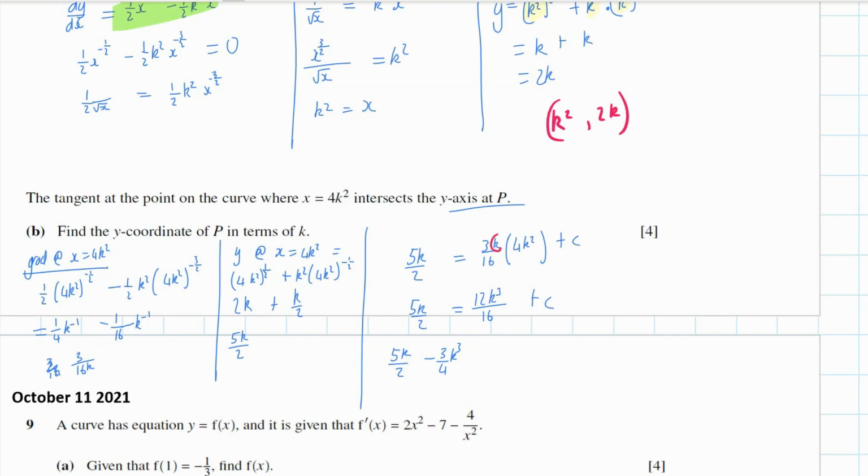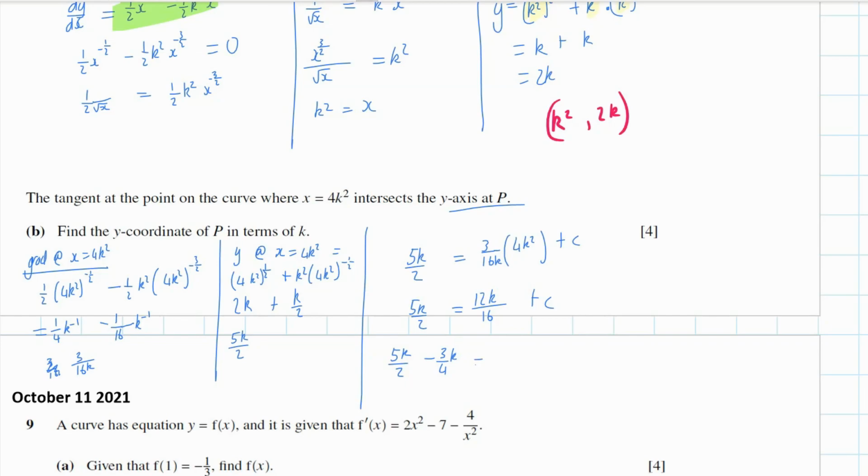I stuffed up my gradient here. That should be at the bottom, shouldn't it? So let's just fix that up. So that should be over 16k bracket. Now when we do that, we won't have 12k cubed, we'll have just 12k. Alright, minus 3/4, and so we need to get rid of this cubed here, equals c.